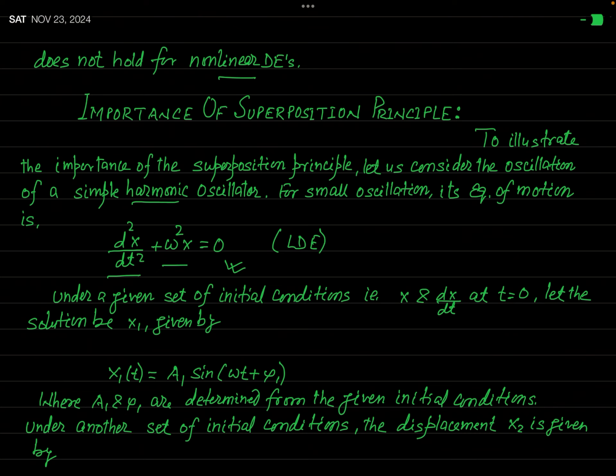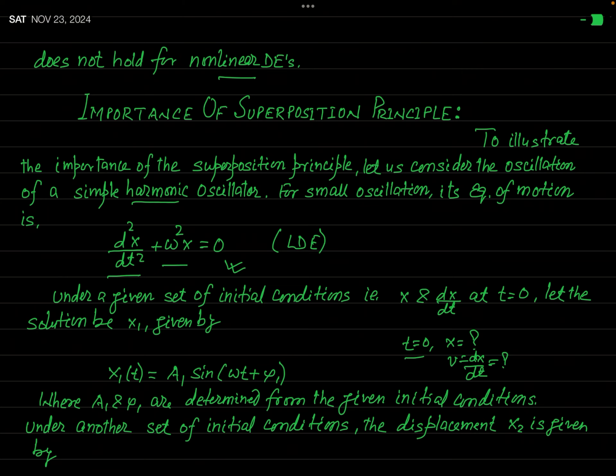You can definitely remember that whenever we want to solve this equation, first of all, we have to take a set of initial conditions. When you say initial conditions, that means you must take time t equal to 0. What is the value of displacement x? What is x at t equal to 0? What is v, which is dx by dt at t equal to 0? Okay. So taking a set of values of x and v at t equal to 0, which are called initial conditions, we obtain a particular solution of this differential equation.